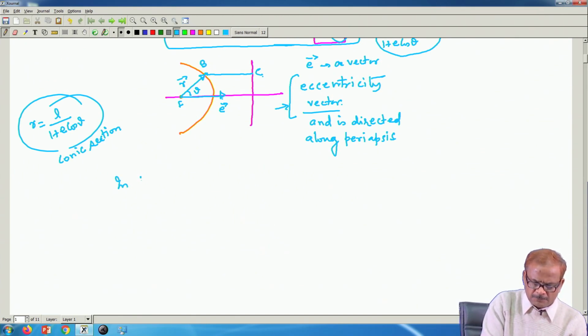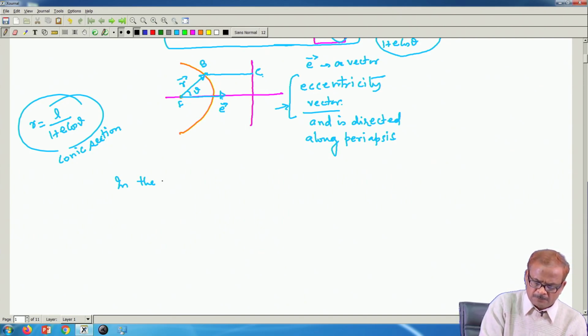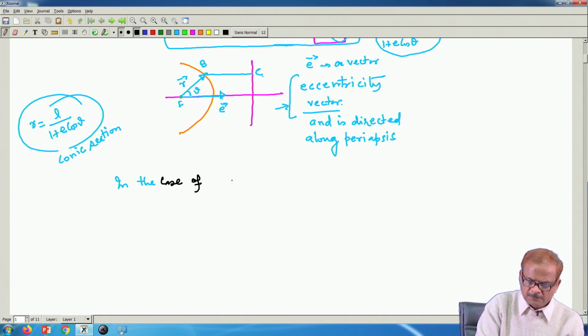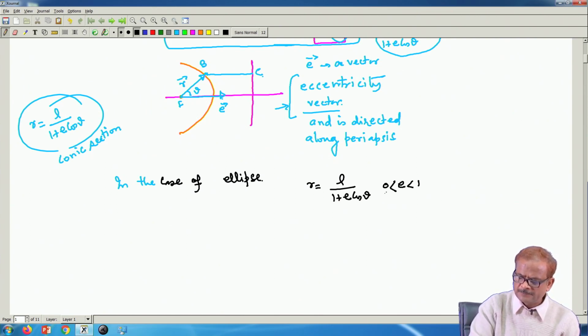So, in the case of the ellipse, we have R equals L by 1 plus E cos theta, where E is less than 1 and greater than 0.